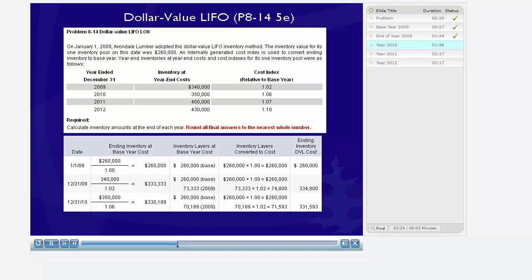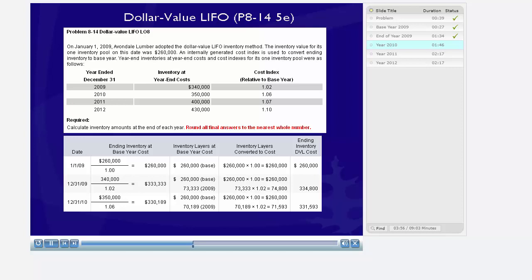Okay, so what we do is we compare the $330,189 to the $260,000 of the base year, and that difference becomes $70,189, and that becomes our new base year increment for 2009. And we're doing that because the 2010 value divided by the cost index fell below the 2009, so we recompute the prior year's layer.